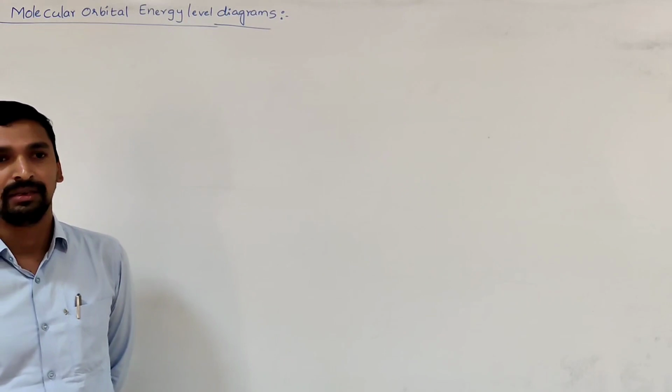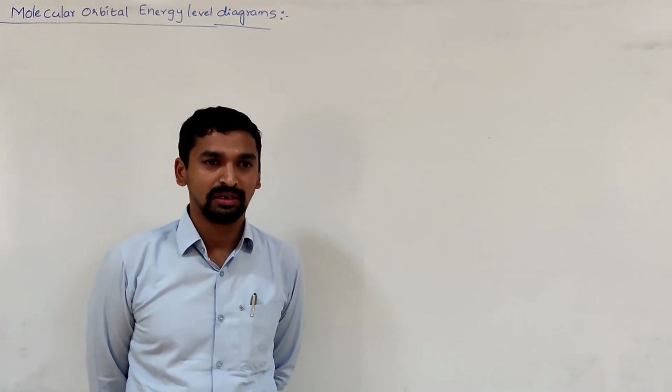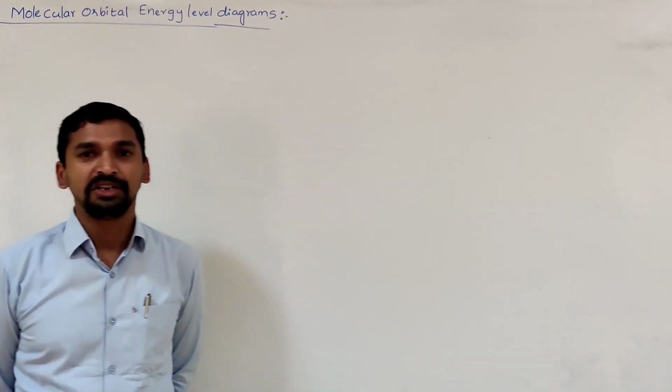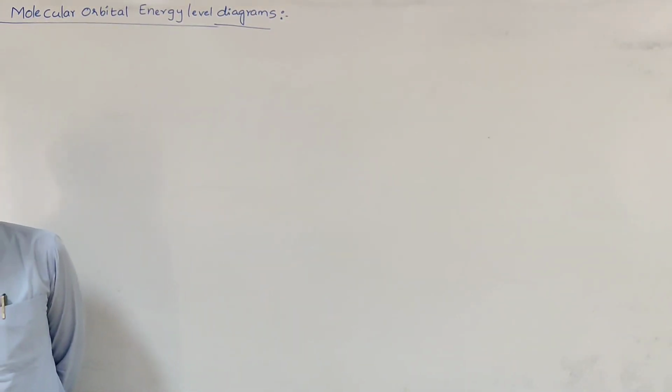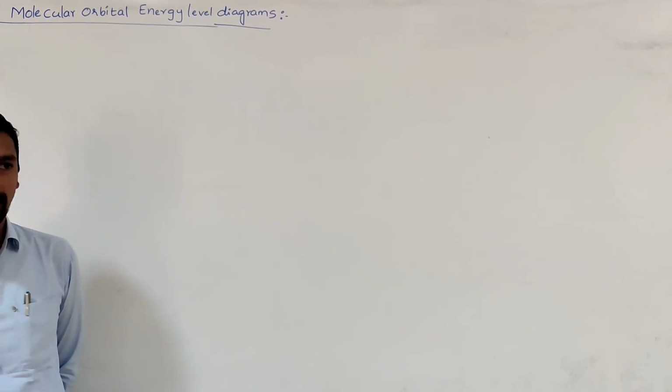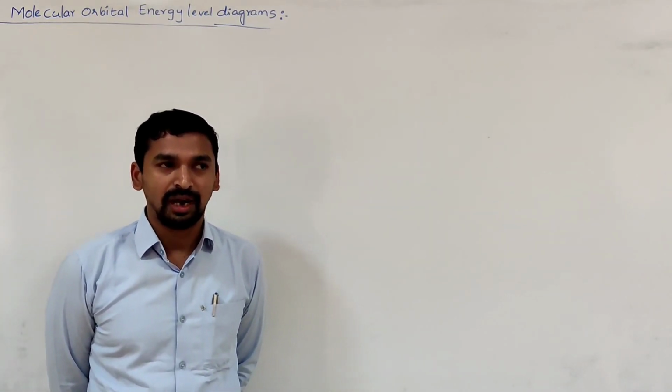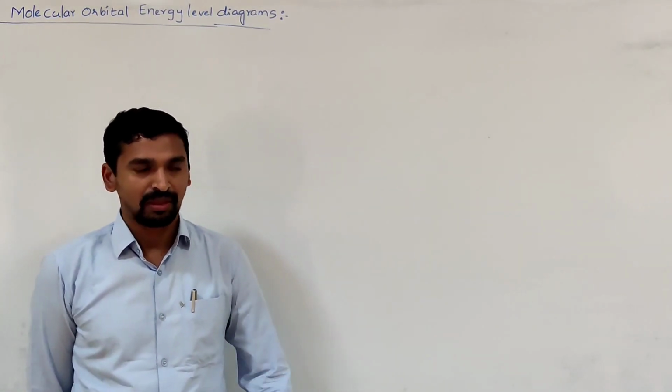Also, we can explain how bonding and anti-bonding molecular orbitals are formed. After that, the combination of the different atomic orbitals leads to the formation of different bonding and anti-bonding molecular orbitals. Finally, we discussed the bond order and magnetic nature.